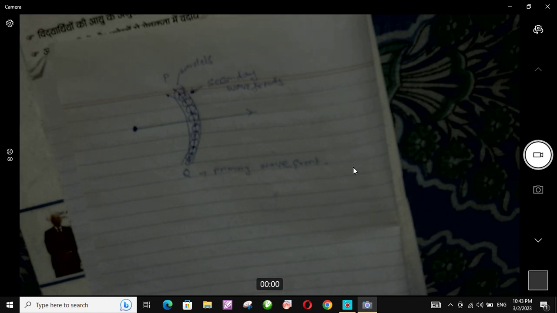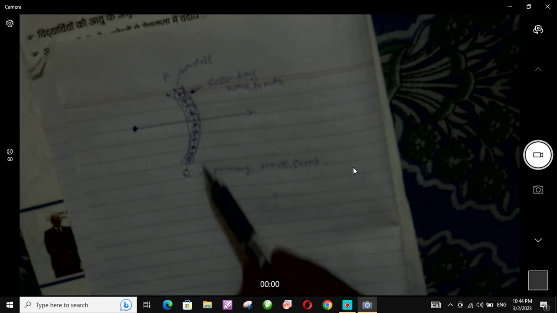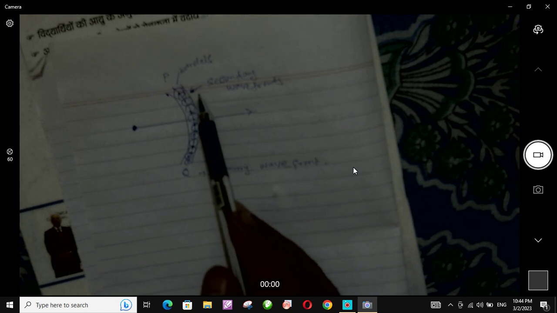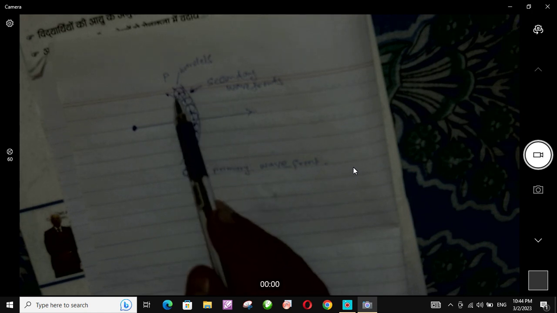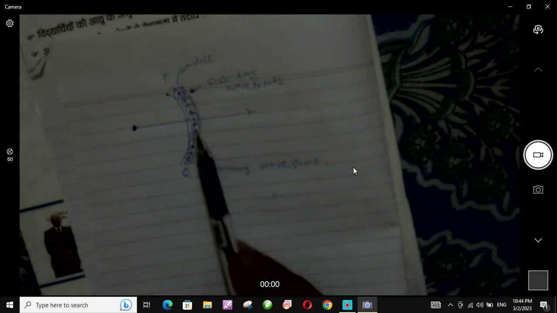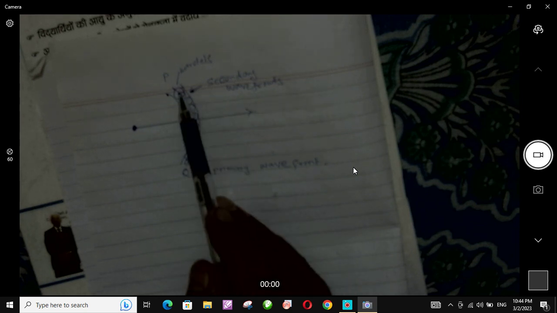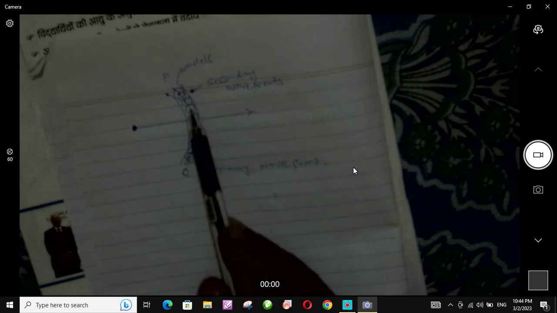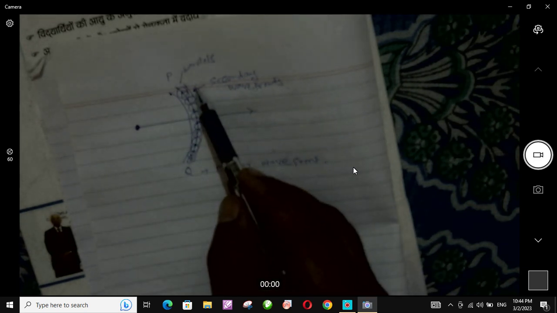So we can say that the primary wavefront is a source of wavelets, and these wavelets are the source for the secondary wavefronts. Then again, if we take points on the secondary wavefront, secondary wavelets will also be produced, and these make the tertiary wavefront.